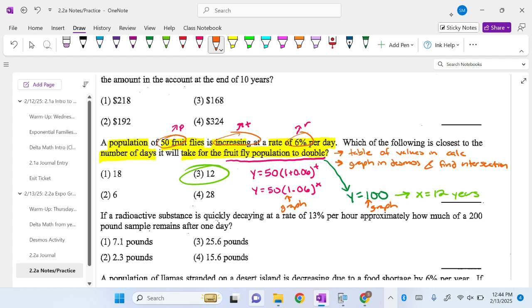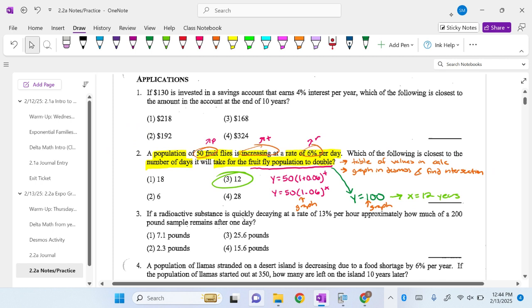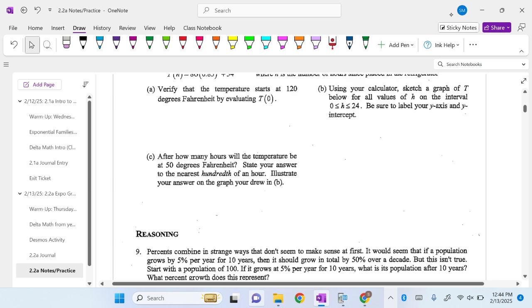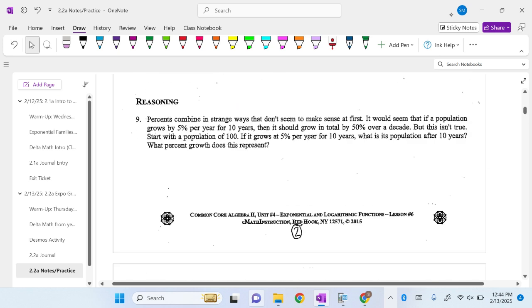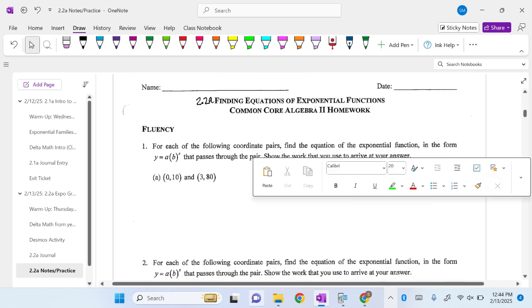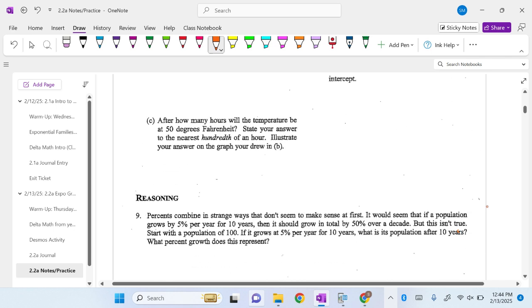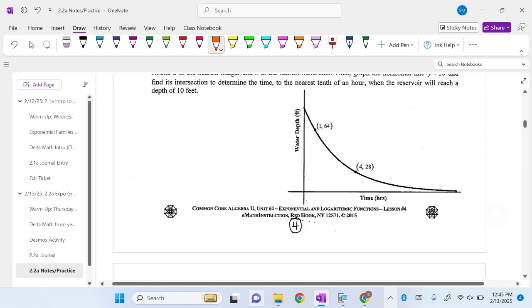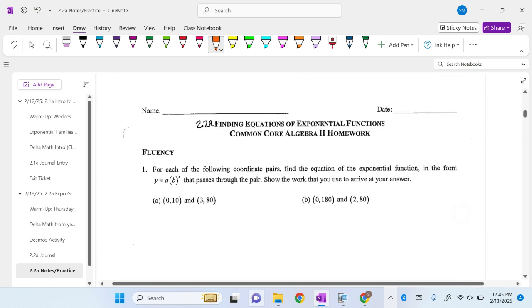All right. So you guys got a solid 20 minutes until class ends. You can either work on your intro Delta Math, finish working on that, or you can work on pages 1 and 2 of your packet. Actually, no, I lied. It's pages 1, 2, 3, and 4 of your packet.